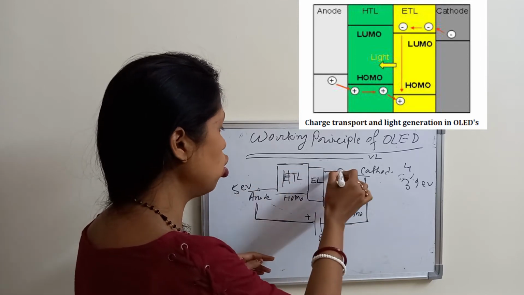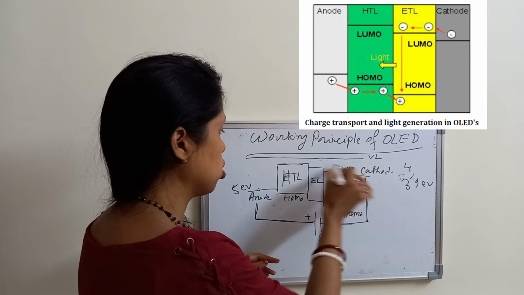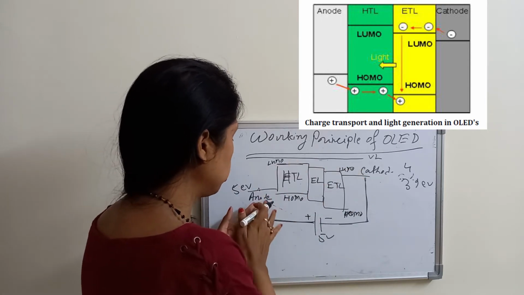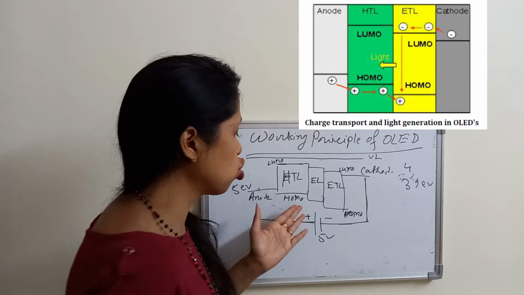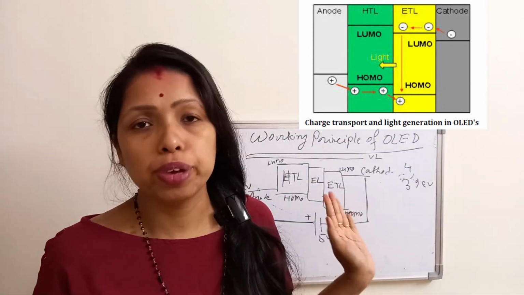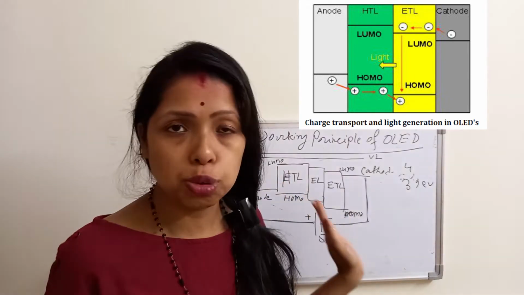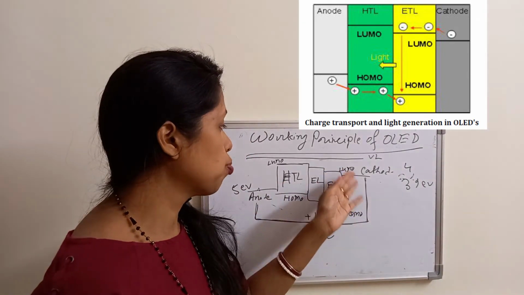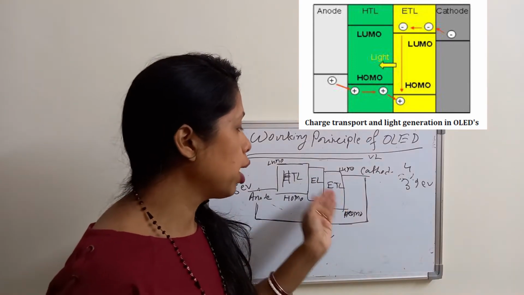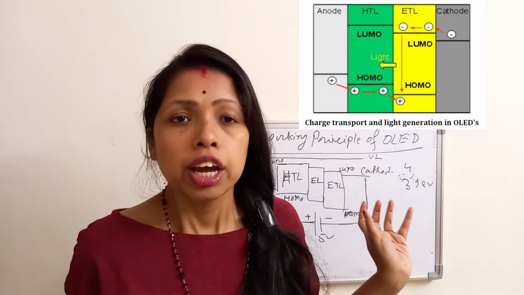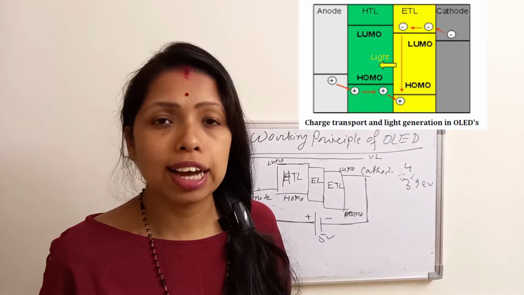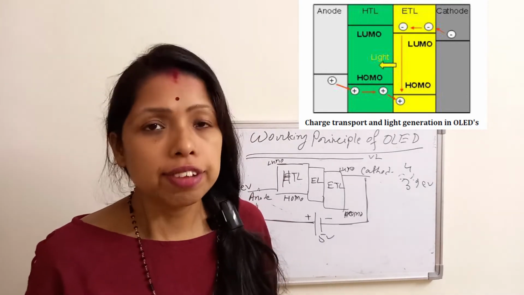These levels are called the LUMO level. The work function of the anode should be matched with the HOMO level of the p-type semiconductor or hole transport layer, and the work function of the cathode should be matched with the LUMO level of the n-type semiconductor or electron transport layer to get efficient injection of electrons and holes inside the device.